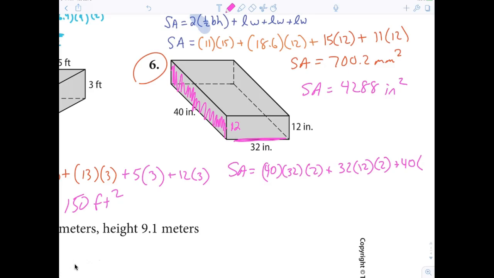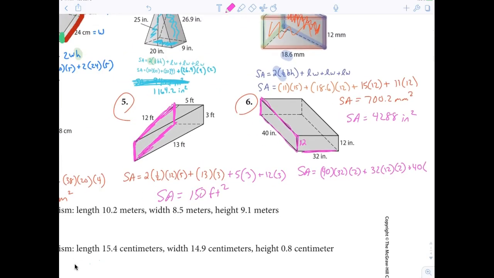I told you to draw out the rectangle. If you ever are not sure about the dimensions, Carly, if you did what I told you to do, it would be this rectangle. Where is there 32 on that rectangle? There you go. Thank you, girl. Okay? So then it would be 40 times 12 times 2.